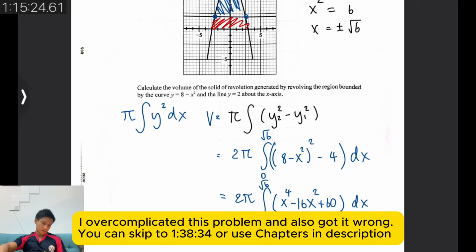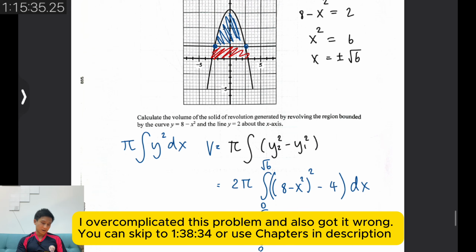Wait, hang on. I start to think if I do subtraction like this, then it should be these points instead. That's not going to be the same now because the x changes there.